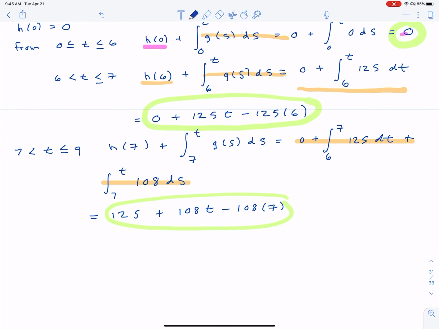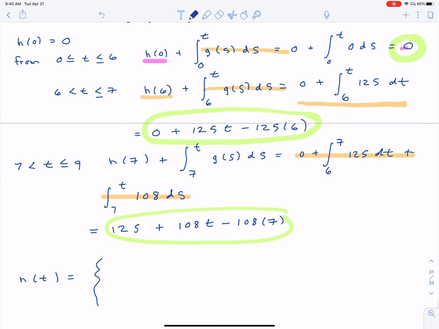So I'm going to say h of t equals, so let's just stick with our things here. It's going to be equal to 0 from time 0 to time 6. And then it's going to be equal to this second one right here.